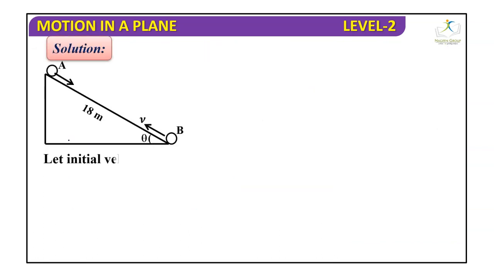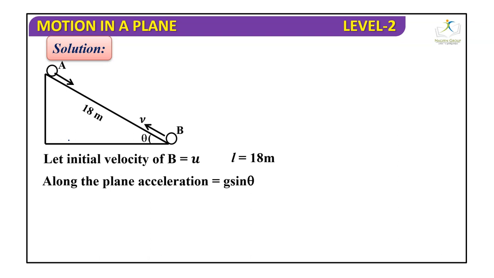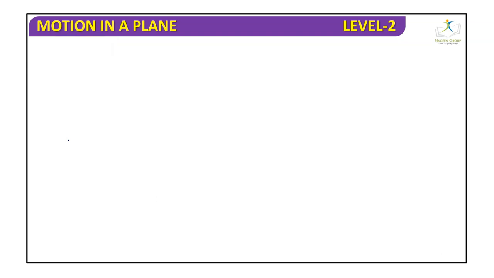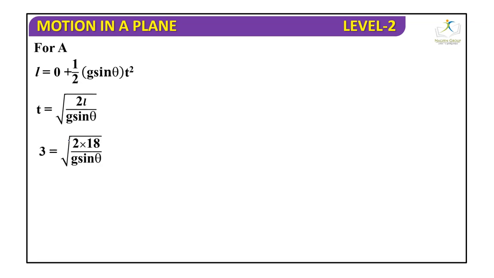Solution: let the initial velocity of B be u. L is equal to 18 meters along the plane, and acceleration is equal to g sin theta. S is equal to ut plus half a t square. For A, L is equal to 0 plus half g sin theta t square. So t is equal to the square root of 2L by g sin theta.